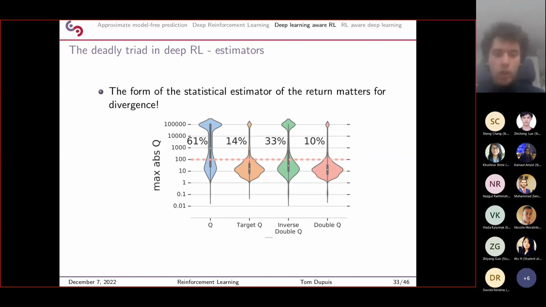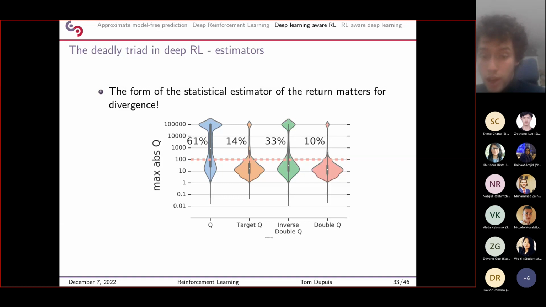And we can imagine they put the limit 100 here because the environment has a maximum episode length of 100. And if you have one reward at every step, the maximum reward you can get is 100. So outputting a value of more than 100 makes no sense because it's impossible. Well, with overestimation, actually 61% of the samples are estimated with more than 100, and a lot of them even 100,000, which is a really bad thing.